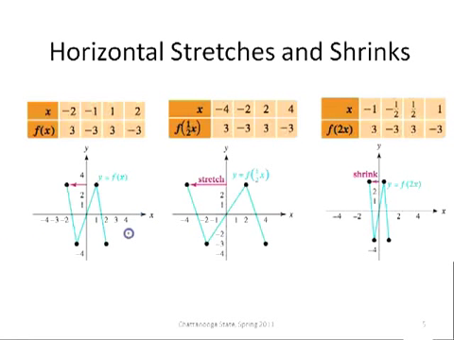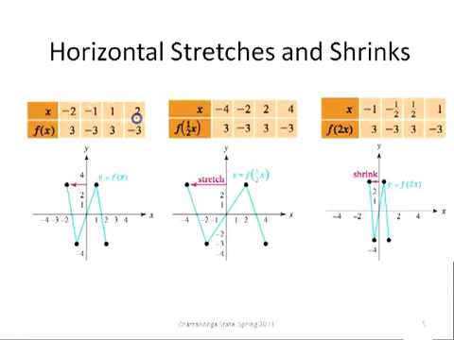A horizontal stretch or shrink is a side-to-side movement. So here, let's look at our ordered pairs. I think you can see it a little clearer. My y values are going to stay the same, but what happens here actually happens to the x coordinates.